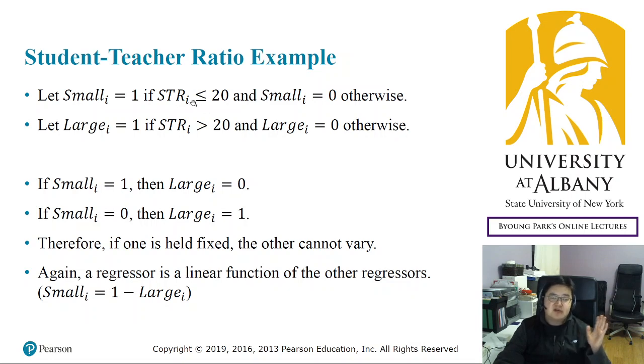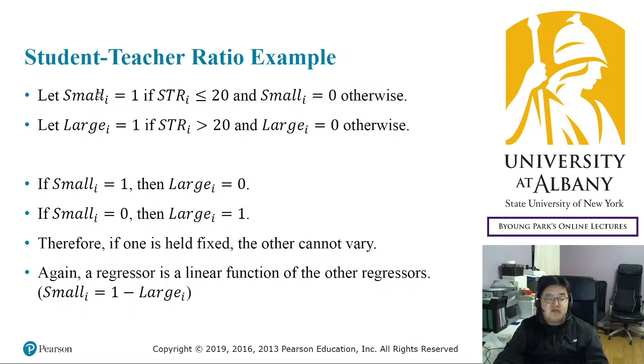On the other hand, another variable, large, is defined in a similar way, but using the opposite condition. So if the student to teacher ratio is strictly greater than 20, then the variable large takes 1, and 0 otherwise.